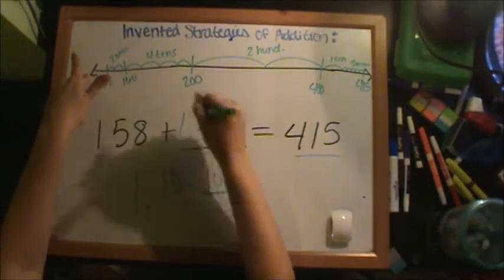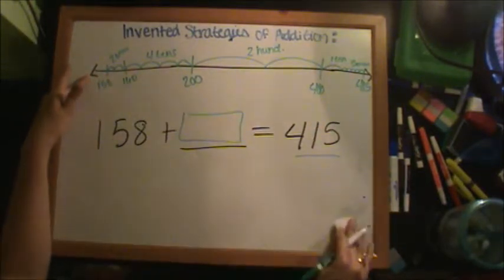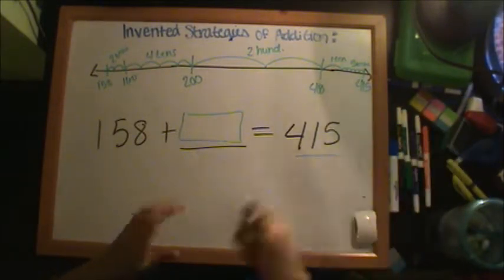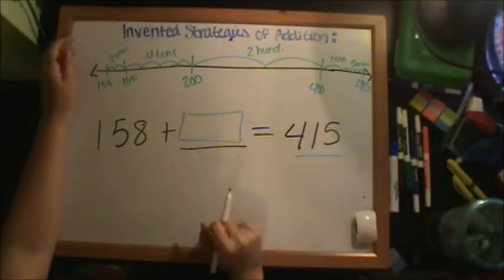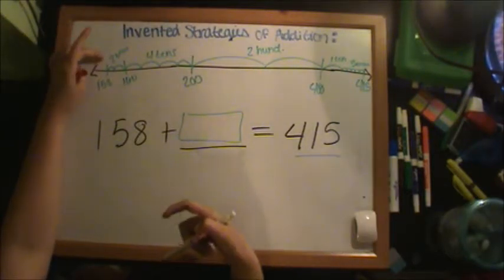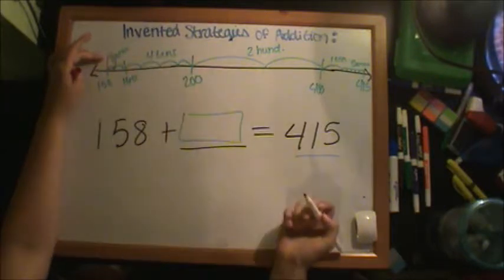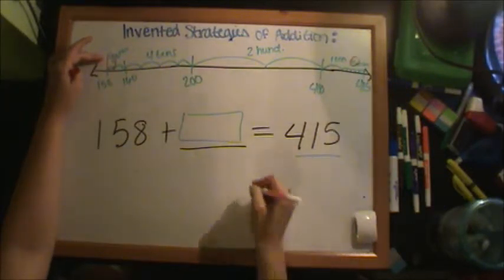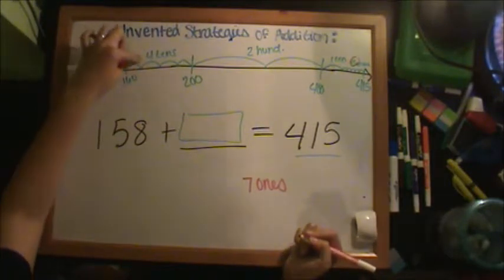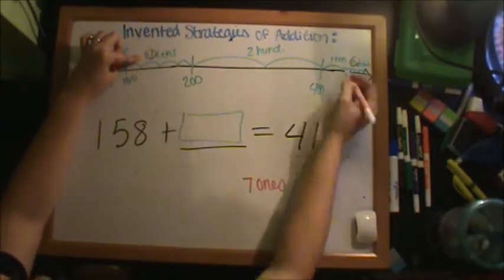Okay, so now that I've gotten to 415, how does this help the student come up with this number that they need? So now that they know place value, all they have to do is go through and say, okay, how many ones do I have? Or they can start with hundreds, it doesn't really matter. I have 2 ones here, and I have 5 ones here, so I have 7 ones. Okay, now my tens, I have 4 tens here, and I have 1 ten here.